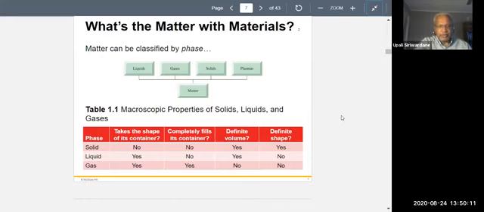Liquid takes up the shape of the container. Completely filling the container, no. That's gas only, it fills up. There are certain properties we ask you to identify different states of matter.